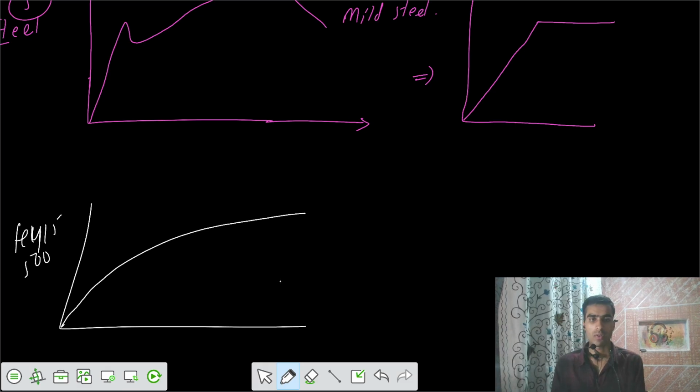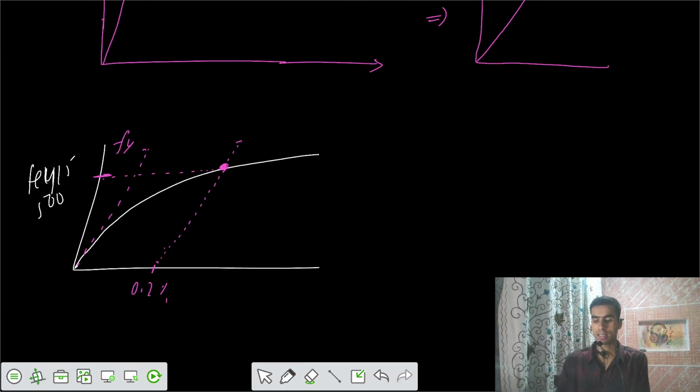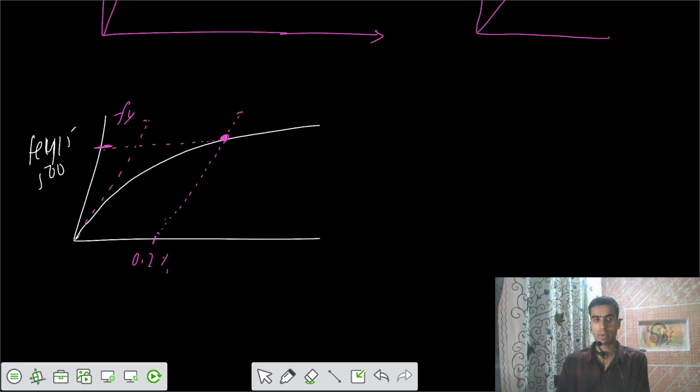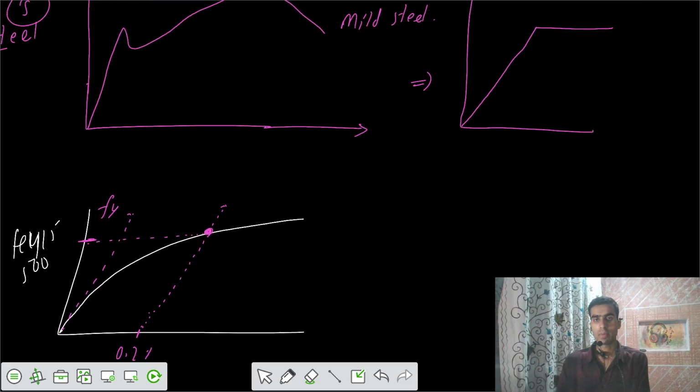For those two, corresponding to the proof strain of 0.2%, we draw a line parallel to the initial slope, and the intersection point of that line with the curve gives you the strength Fy. Finally we idealize it, and we keep it as it is.